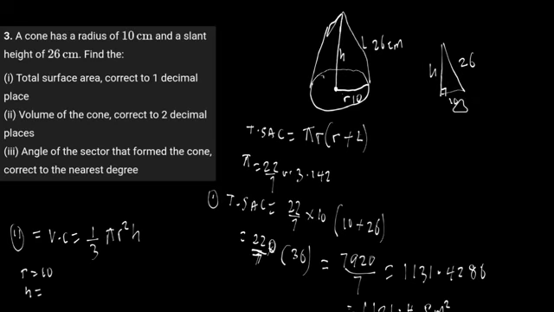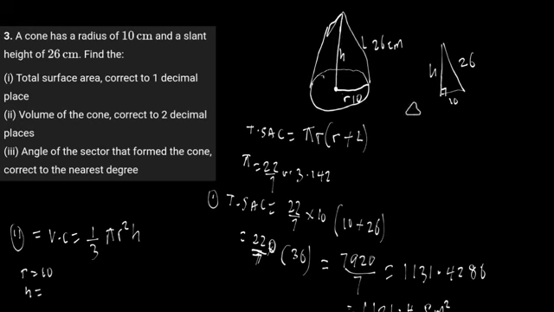So what we use is the formula called the Pythagoras theorem, which says that the square of the largest side of any right angle triangle is equal to the sum of the squares of the other two sides. This side is the largest. If you look at the slant height here, it is the largest.